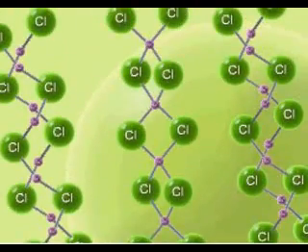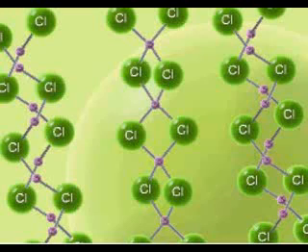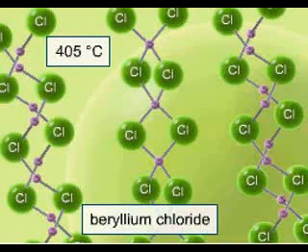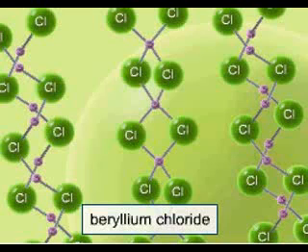All beryllium compounds have a largely covalent character. A typical example is beryllium chloride. It has a relatively low melting point, 405 degrees Celsius, dissolves in organic solvents, and is a rather poor conductor of electricity in the molten state.